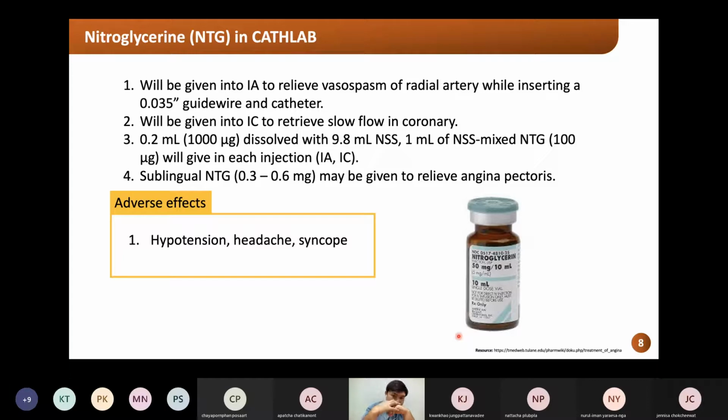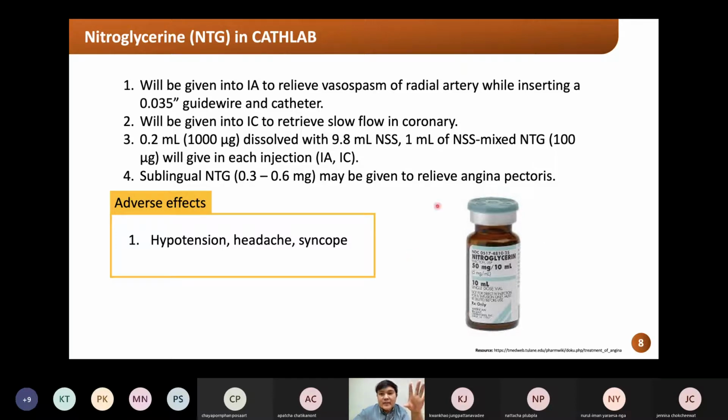And generally the NTG or nitroglycerin that is normally used to inject into our body may be contained in a sunlight protection vial, because light can degrade the NTG structure.